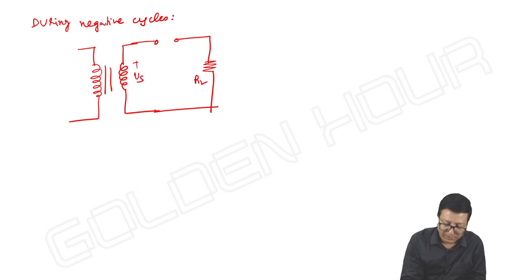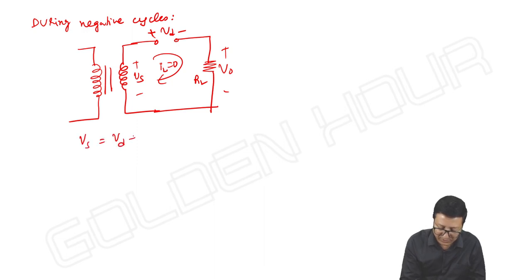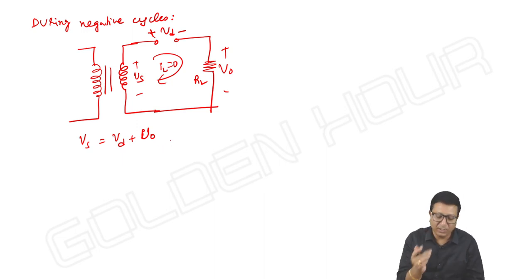RL, secondary voltage. Is there any current that is possible here? No. And voltage across the diode from anode to cathode, I am writing RL V output. So if I take the loop equation, Vs is equal to voltage across the diode plus V output, where V output is equal to IL into RL, whose value is 0.